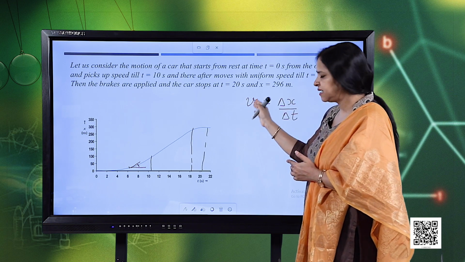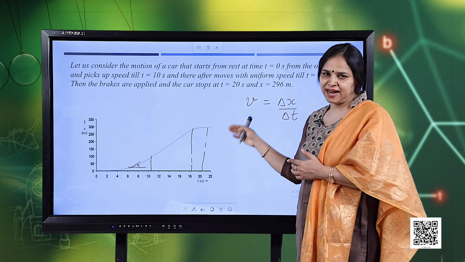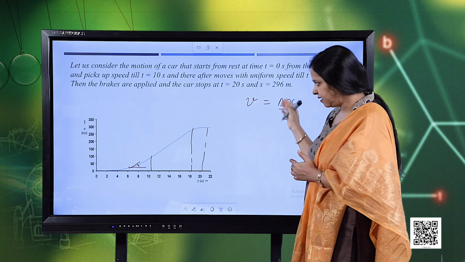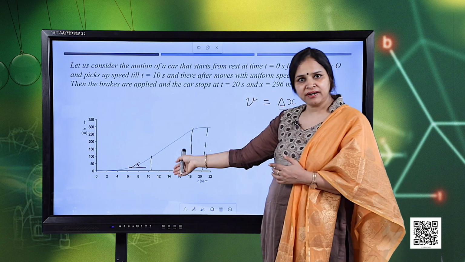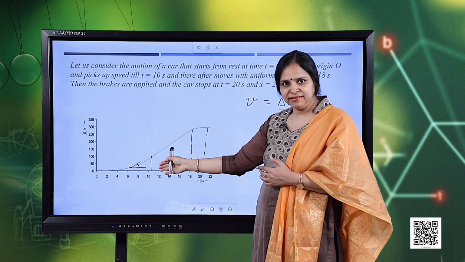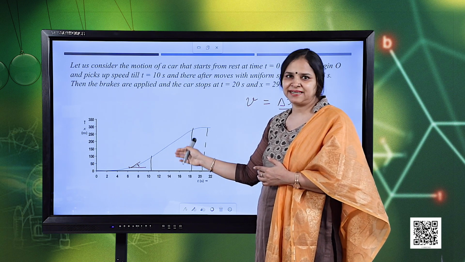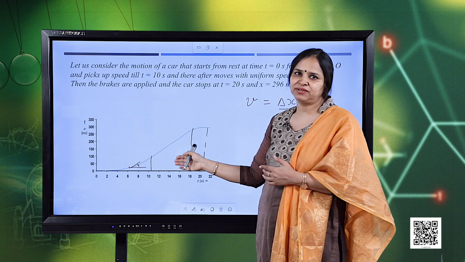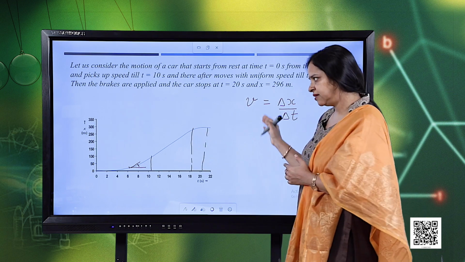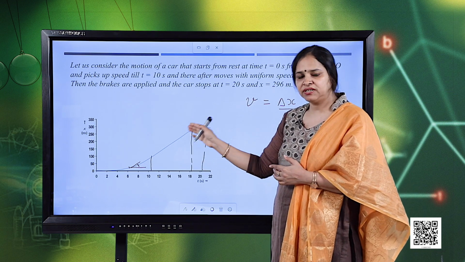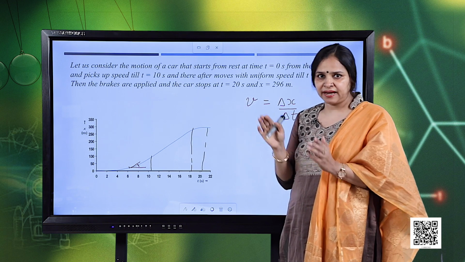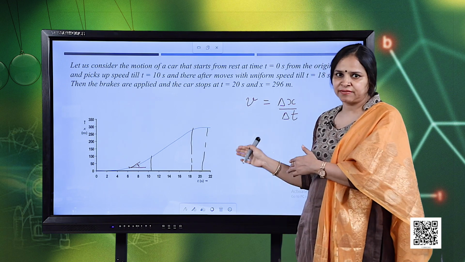Using the data we can find the velocity at different instants. Also, with the help of the graph we can draw tangents at different points, at different instants, and those tangents will give us the magnitude of the velocity. That is how we can plot the velocity-time graph using the information from the distance-time graph.